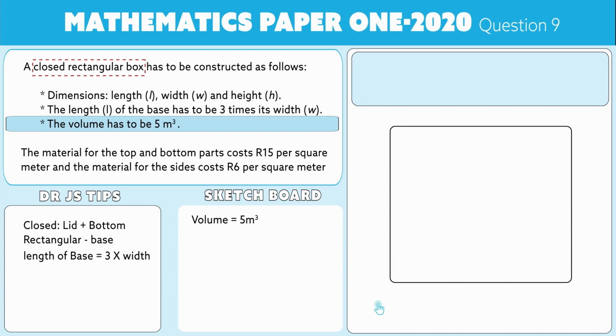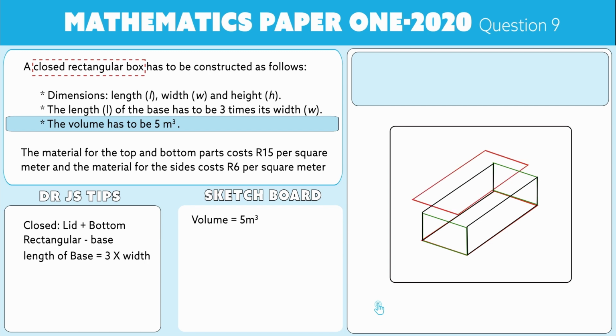We have a base, that's a rectangle, and here comes the rest of the box. Now they told us it has a lid. That's very important because they told us it is closed, so it has a lid and it has a base. So now the length, the width, the height: the height is H, the width is W, and the length is L.